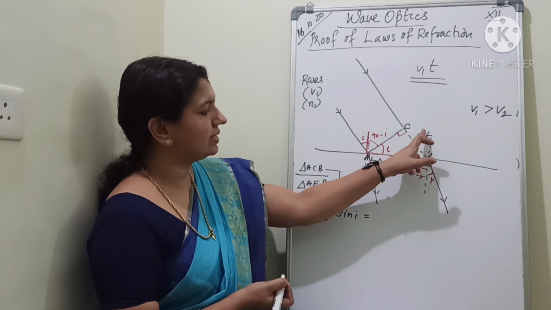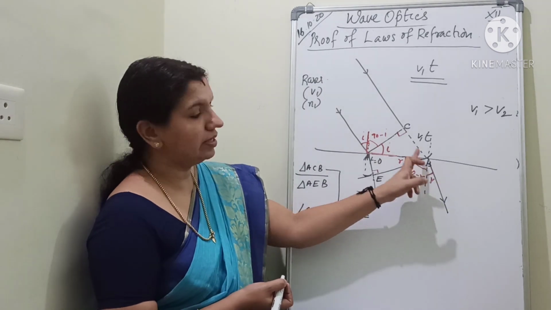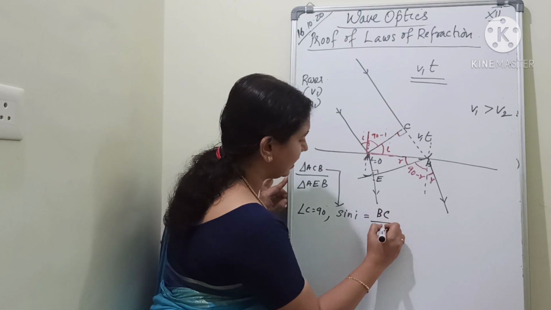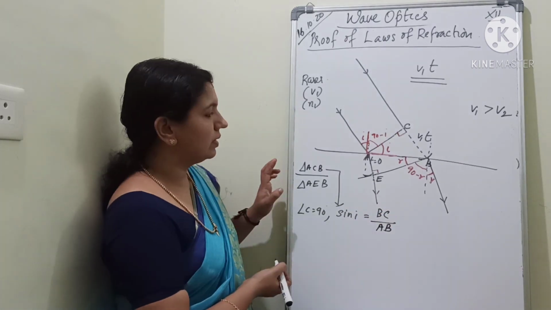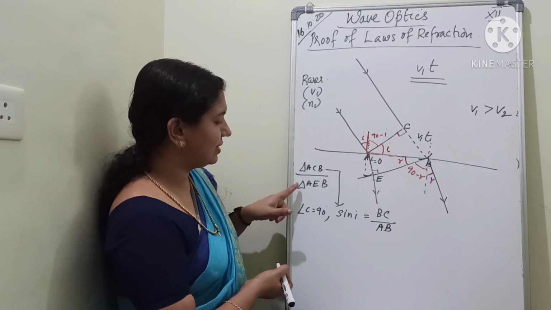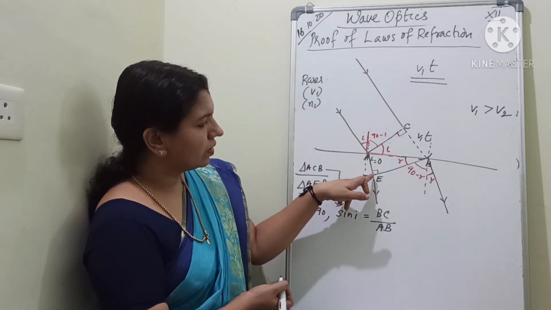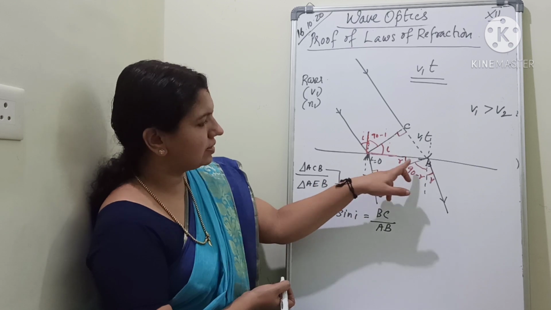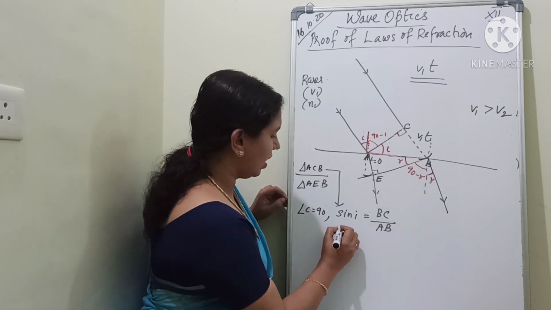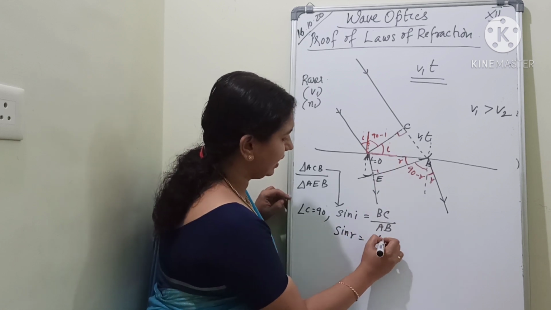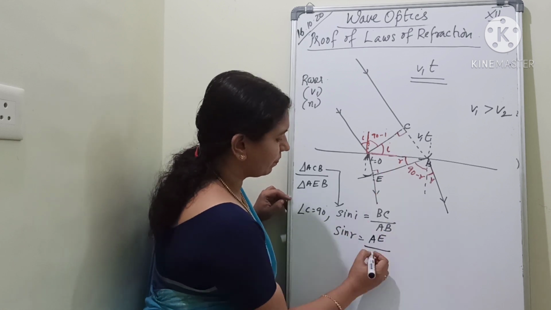Sin i is opposite side by hypotenuse, isn't it? Opposite side is BC, hypotenuse is AB. Clear? Now in triangle AEB, this is 90 degrees. Here, what is sin r? Sin r is AE divided by AB.